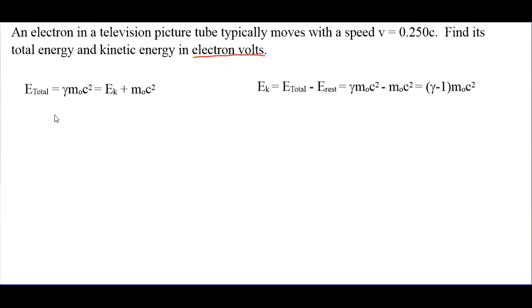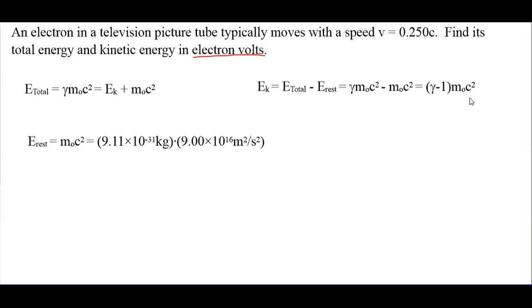So its total energy can just be found by the gamma factor times its rest energy, mc squared. Your kinetic energy can be found by your total energy minus your rest energy, or again, gamma minus 1 times the rest energy. So there are a couple of ways to go about this. I would personally find the rest energy first and just write that off to the side, because no matter which equation you use for total energy versus kinetic energy, you're going to have to deal with your rest energy.